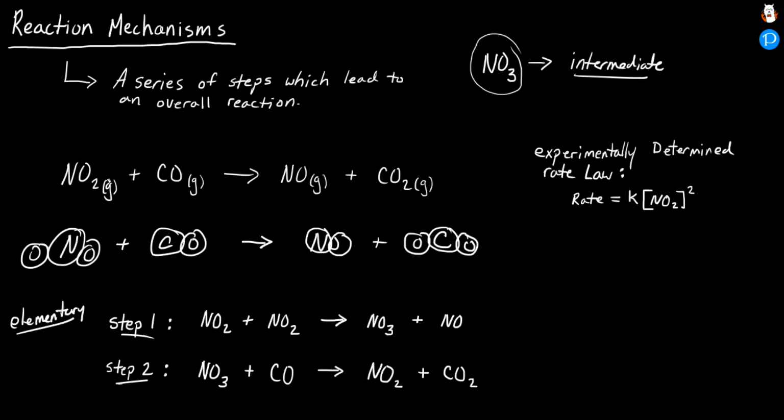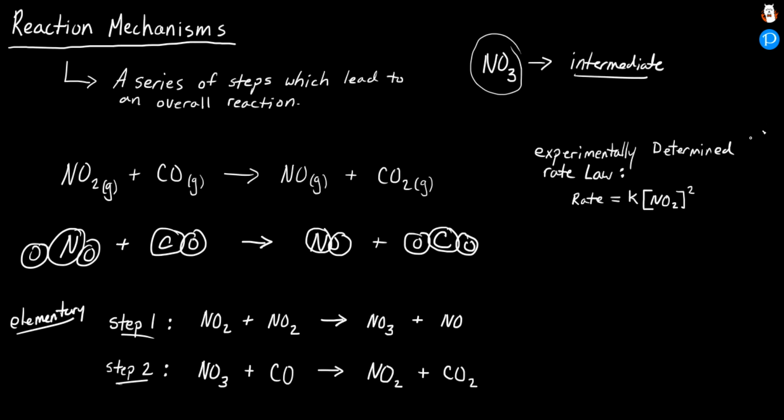So instead of just these two things combining in one step to make these, I break it up into two steps, where the NO2s combine first to make NO3 and NO, and then the NO3 is what actually combines with the CO to make NO2 and CO2.